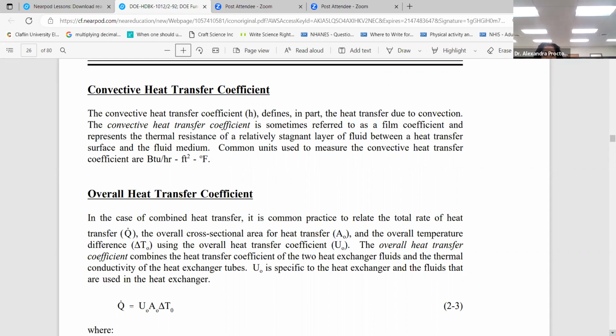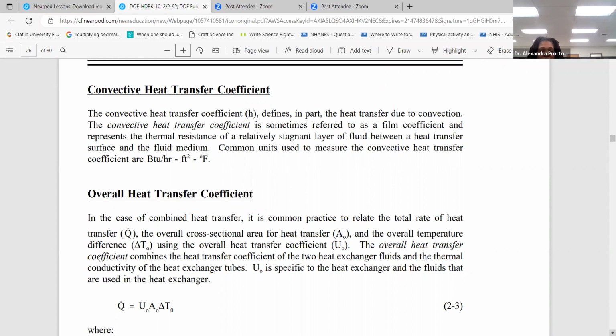Overall heat transfer coefficient. In the case of combined heat transfer, it is common practice to relate the total rate of heat transfer, which is Q, the overall cross-sectional area of heat transfer, which is A sub 0, and the overall temperature difference, which is delta T sub 0, using the overall heat transfer coefficient U sub 0.